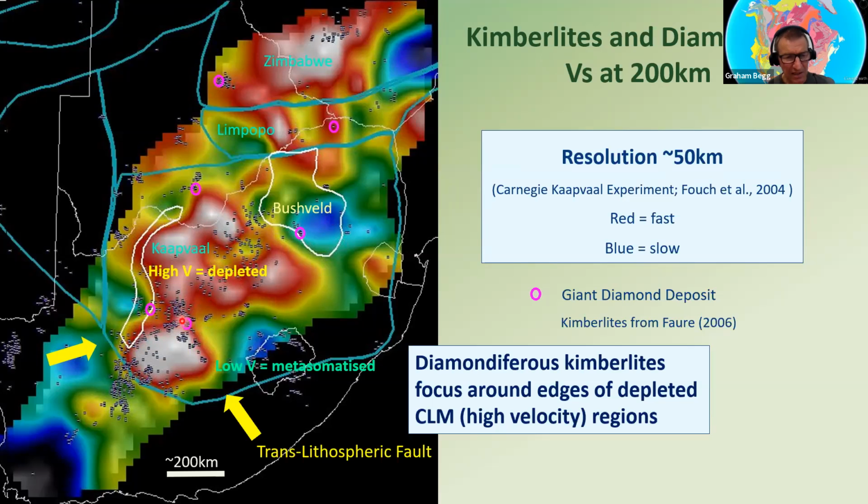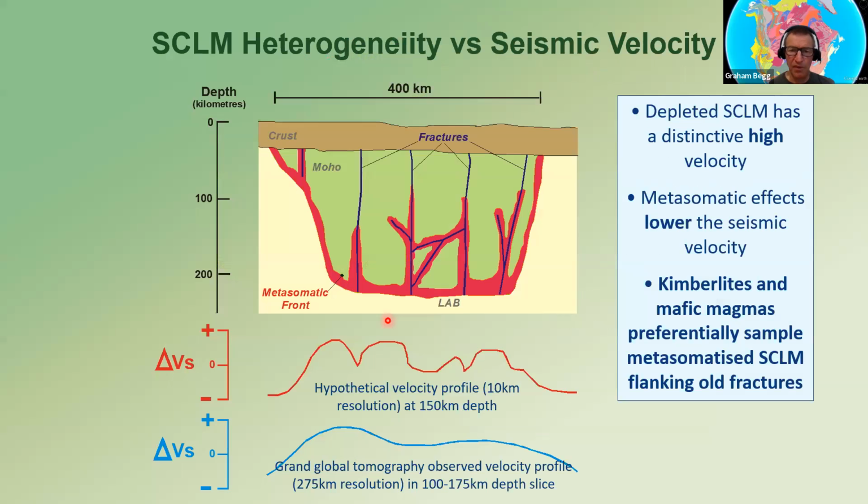And then this one here is a linear trend. These must be fracture zones in the mantle that the kimberlites are intruding along and sampling diamonds from the lithospheric mantle. And these in pink are the giant diamond mines around the edges of these high velocity blocks. So, a fundamental control on those deposits.